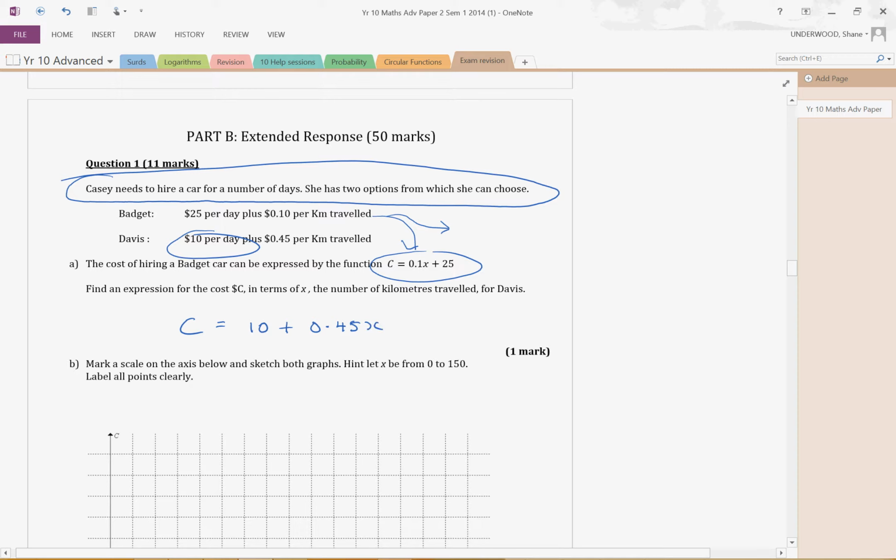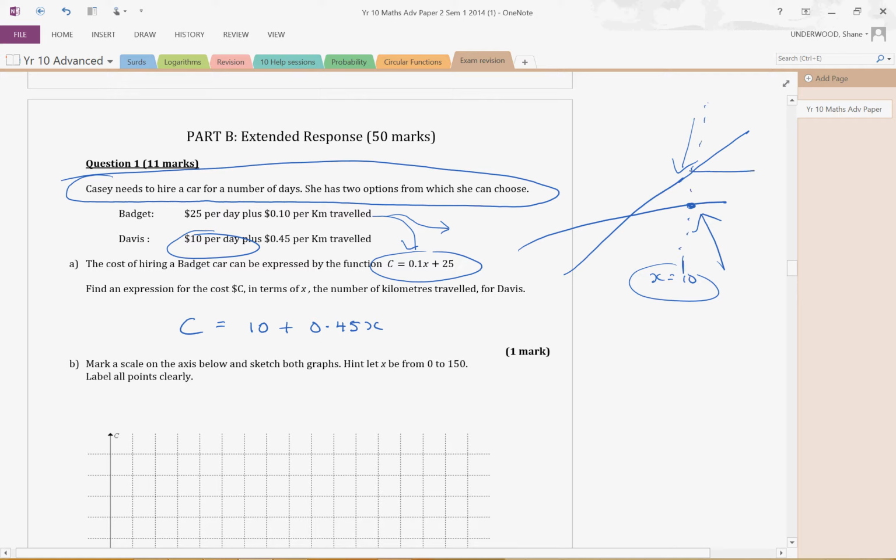Now the whole point of having these two linear equations is that they're going to meet at some point, aren't they? One's going to have a gradient higher than the other. If we want to find when x is equal to 10, which one's more expensive?